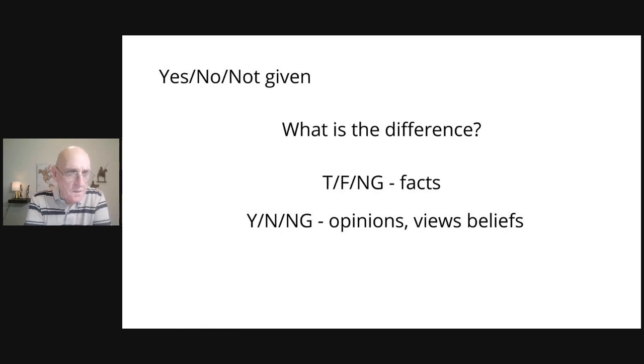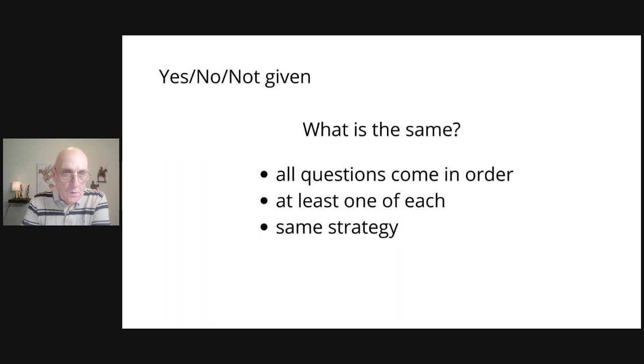So in true, false, not given, we're looking for facts. But in yes, no, not given, we're looking for whether we agree with the opinion, we can find that there's disagreement with the opinions or views or beliefs, or whether no opinion or belief or view is given at all. So those are the differences.